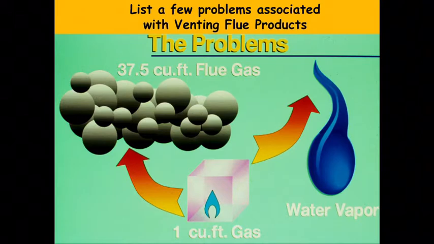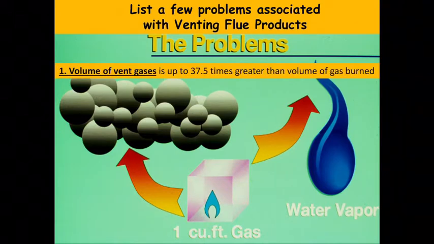Let's take a look at some of the problems that we have with venting flue products. The first thing is that the volume of these flue gases is up to 37.5 times greater than the volume of the gas being burned.